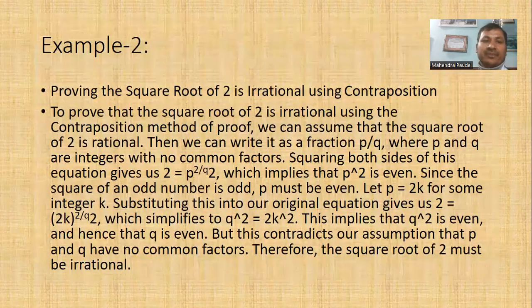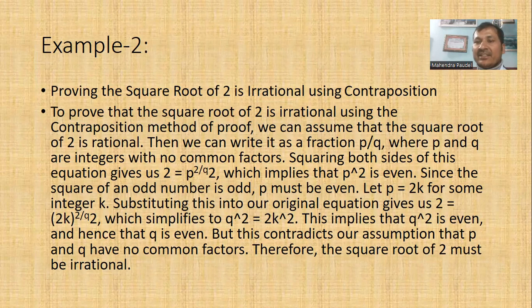Example 2. Proving the square root of 2 is irrational using contraposition. To prove that the square root of 2 is irrational using the contraposition method of proof, we can assume that the square root of 2 is rational. Then we can write it as a fraction p by q, where p and q are integers with no common factors.